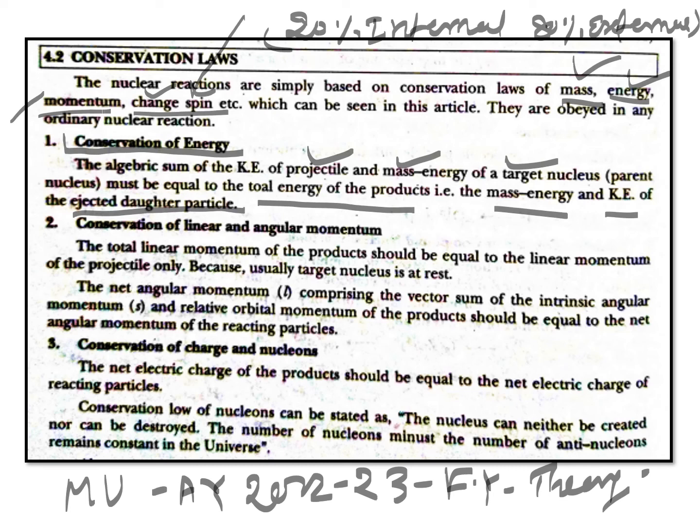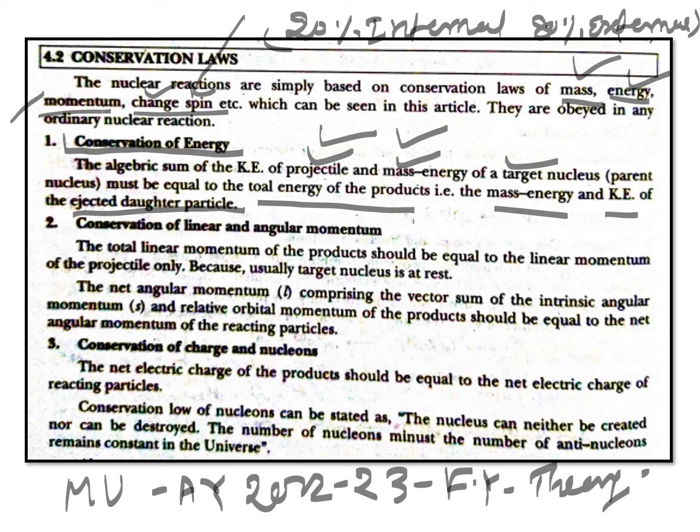On the left side, the kinetic energy and mass energy of the projectile and the target nucleus is equal to the mass energy and kinetic energy of the daughter particles.